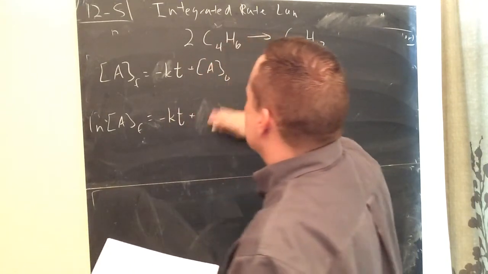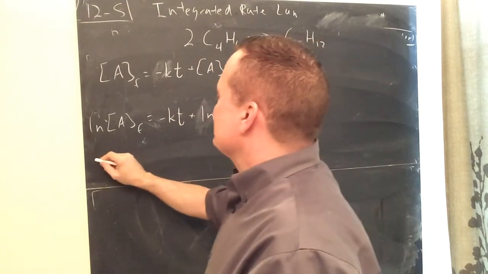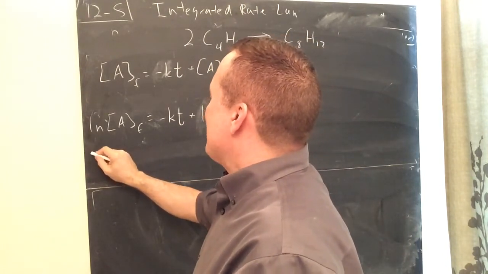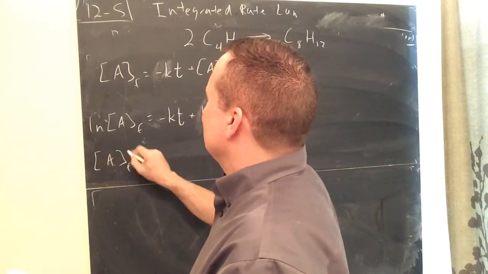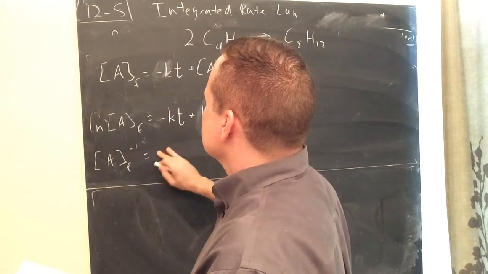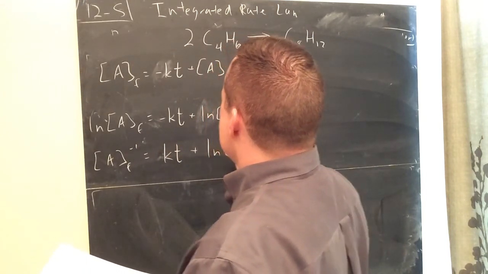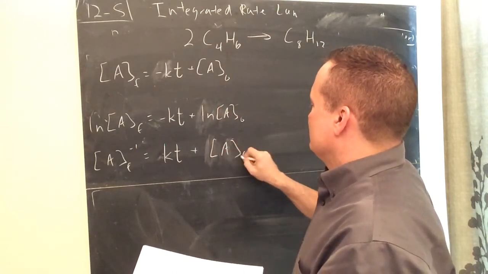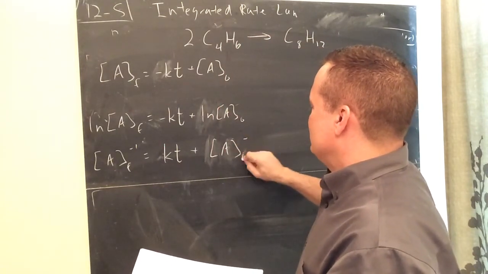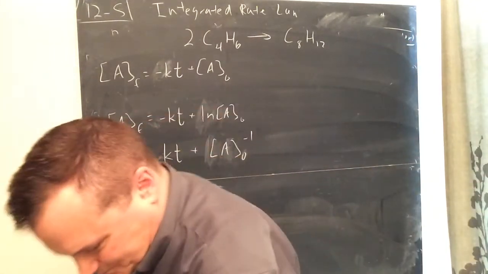See, it'd be so much better if I had a bigger chalkboard in a classroom. I would not have erased these. But the moment I erase them, then I'm like, oh, you're going to need them again. Positive kt. Okay, we're going to try to think here. Initial. Okay. Well, here it is.